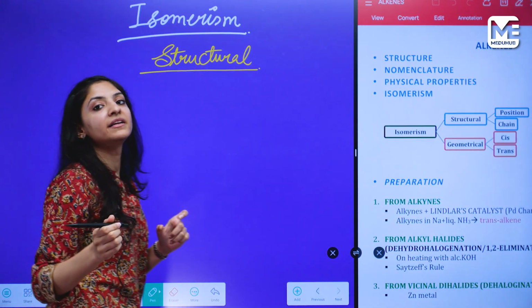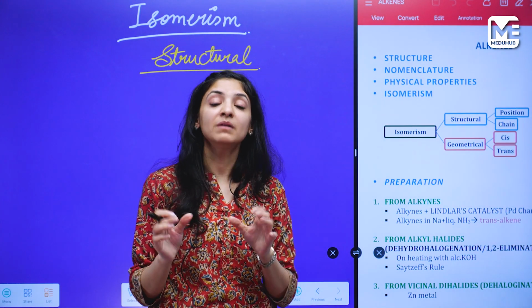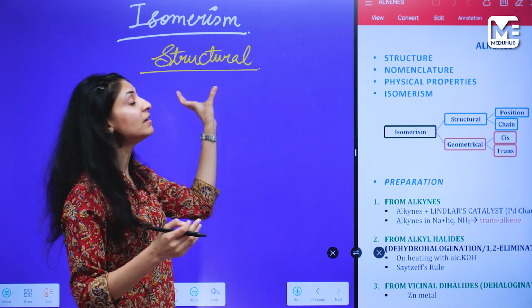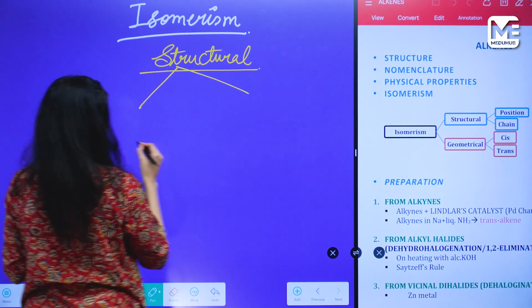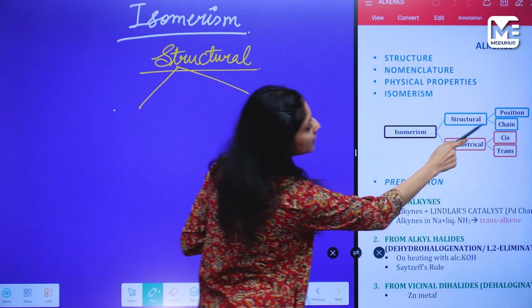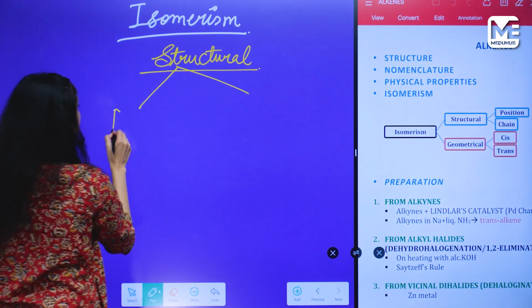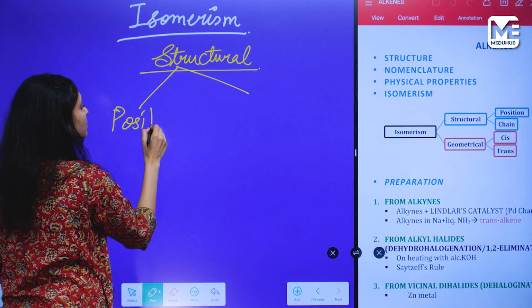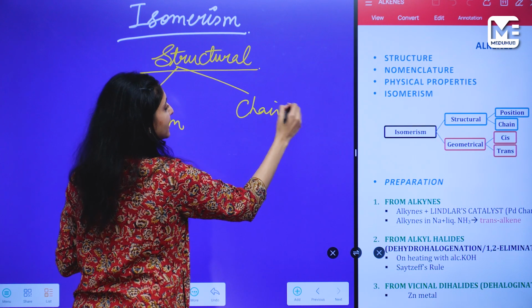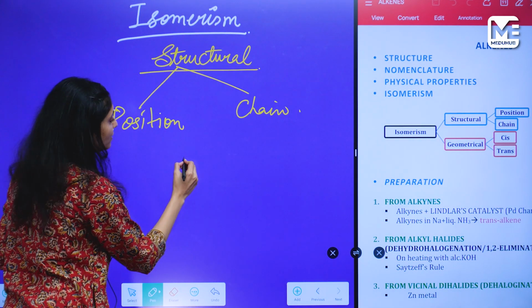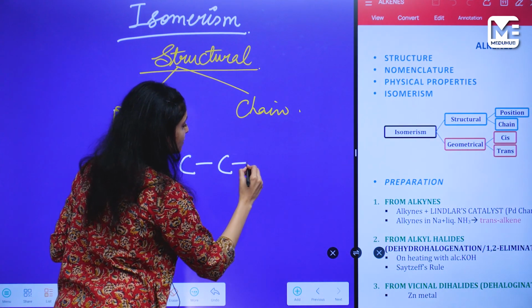So here the two alkenes again will have the same molecular formula, but they will have different properties because their structure will be different. Structural can be further of two types, position and chain. To understand these, let me draw the possible structures for butene.